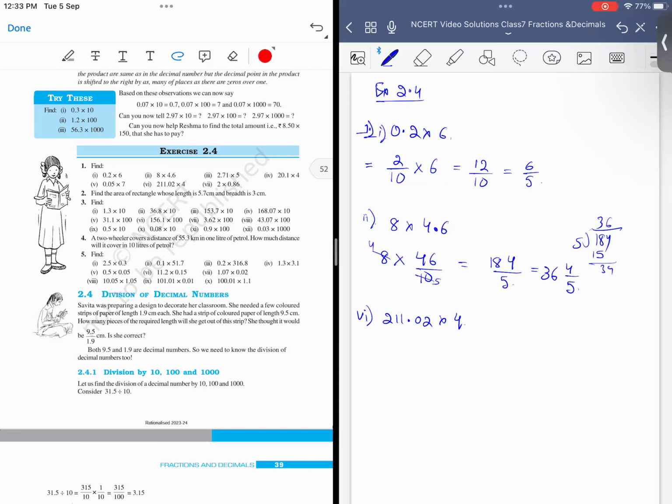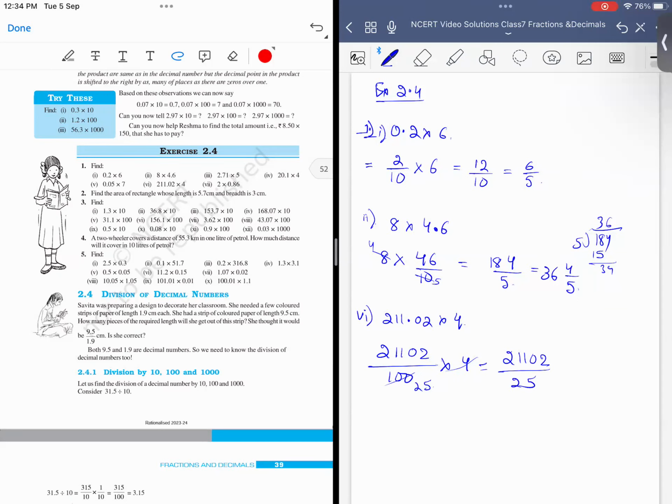Again, this can be written in fraction form as 21102 upon 100 into 4. Now you can factor out 25 times. So 21102 upon 25, which is in simplest form, and you can write its mixed form.